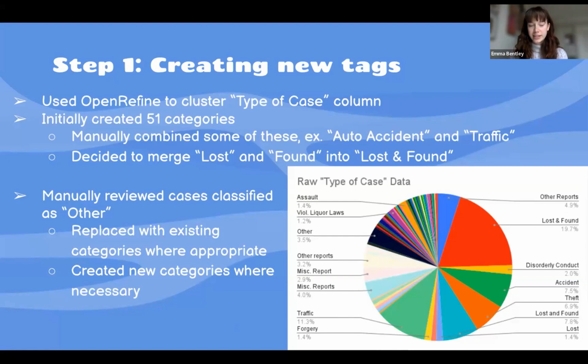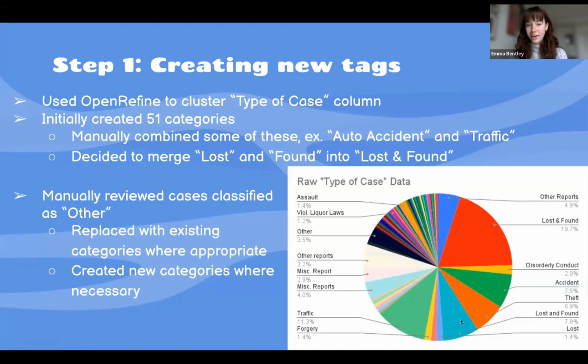There were obviously things like typos or misspelled words. There were also cases that were called other case, and then there was more clarification in the case classification column. So there wasn't a single category into which each case sort of neatly fell. And so we thought that that was sort of a problem for analysis.